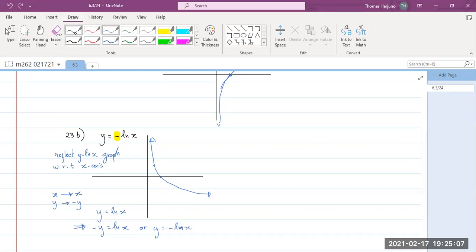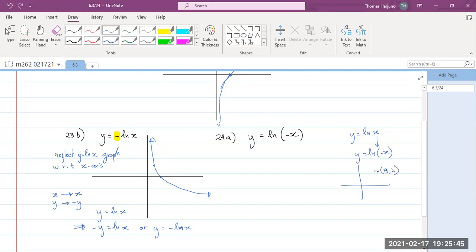Now, using that same idea, how about number 24a? y equals natural log of -x. Notice that this is basically y equals ln x, then you change the x to -x, right? But replacing x by -x is actually a reflection with respect to the y-axis. Say you have a coordinate, let's say 3, 2.